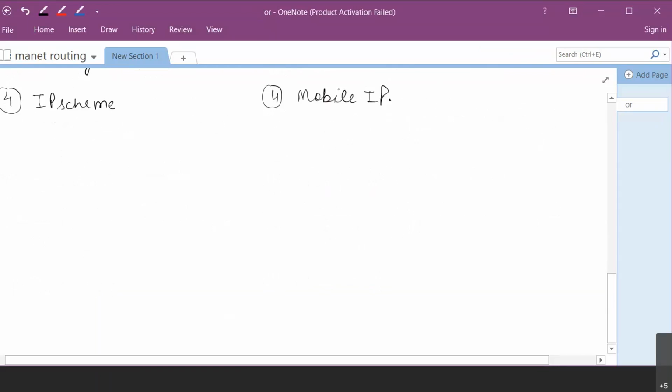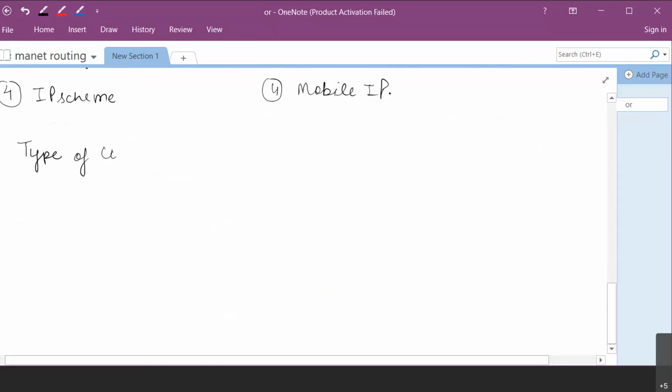So before going to the routing protocols, we have to learn about the types of communication in the environment. Basically, you already learned this in computer networks, but for revision I am depicting here that there are three types of communication.